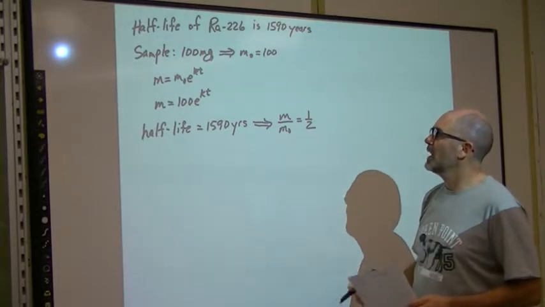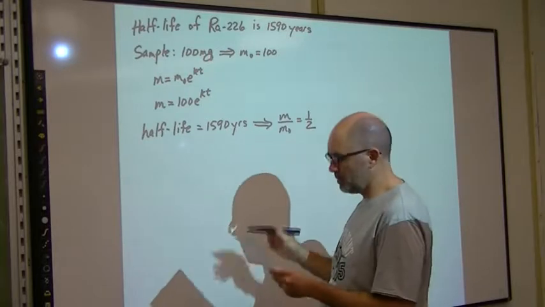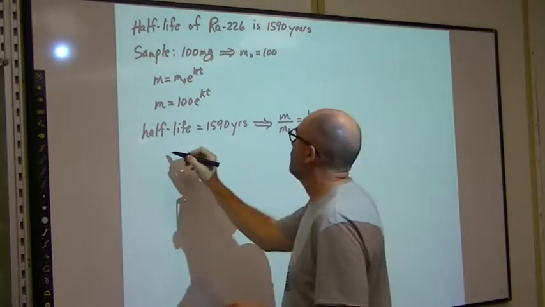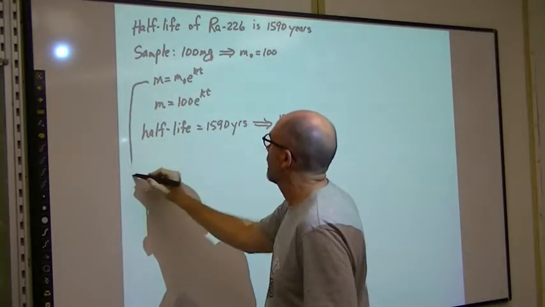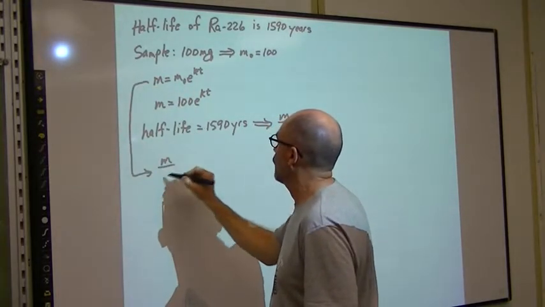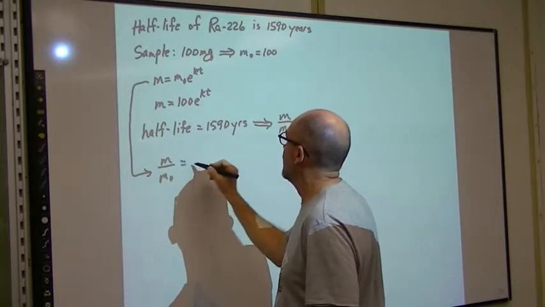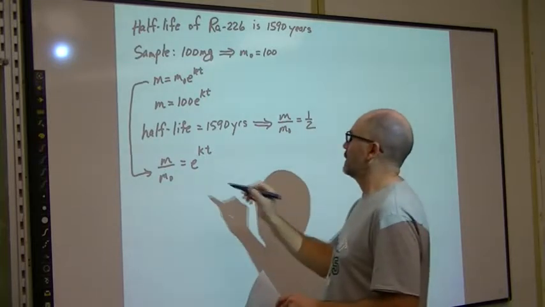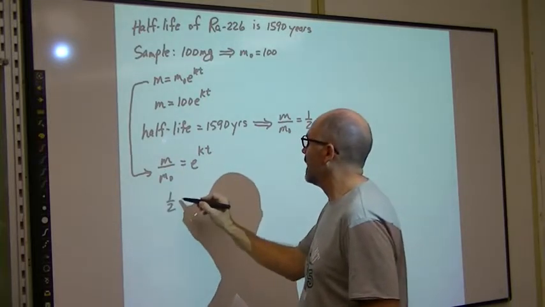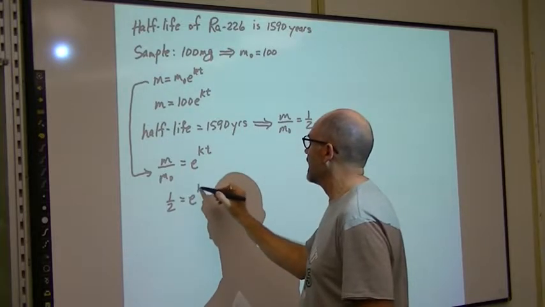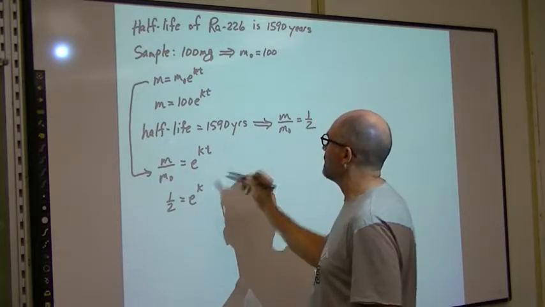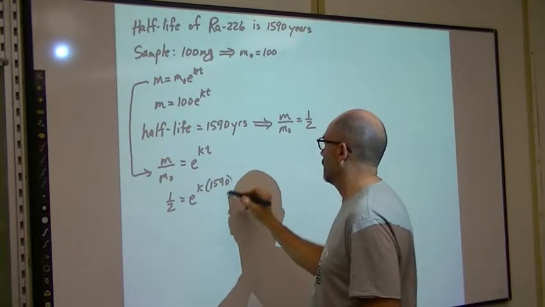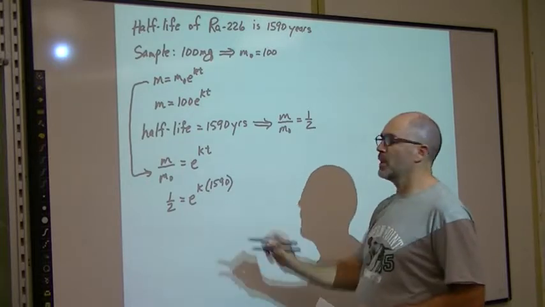So what we do is we say M over M sub O equals e to the kt. So M over M sub O is 1/2, equals e to the kt. Now what time is that going to be occurring? That's going to be at 1590. Okay, so now all we do is solve for k.